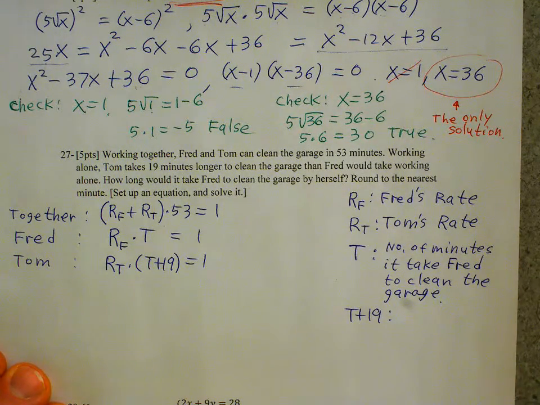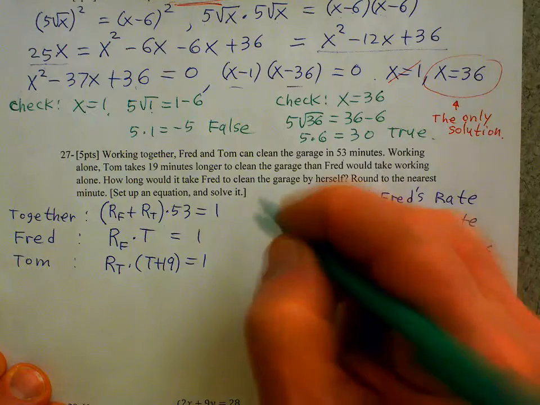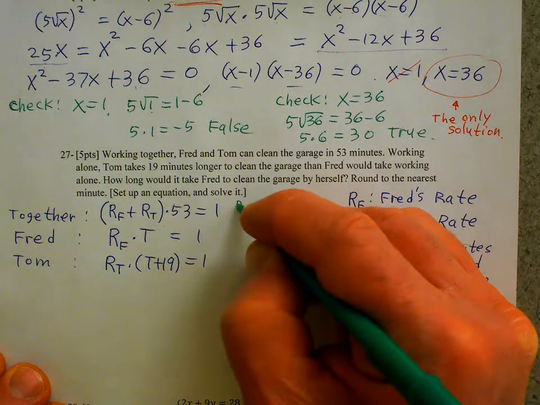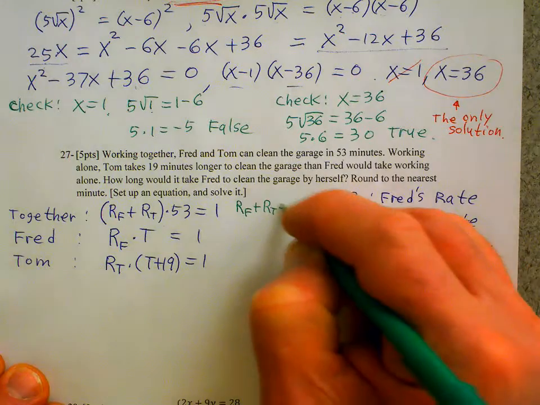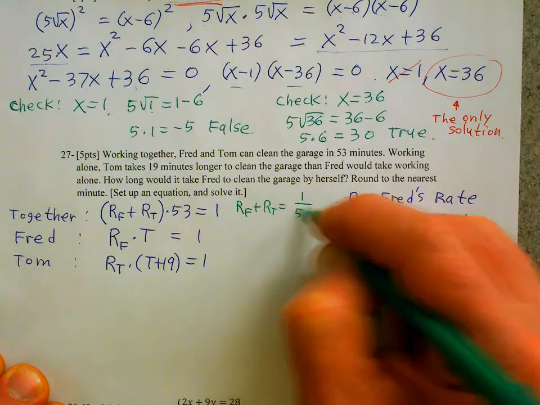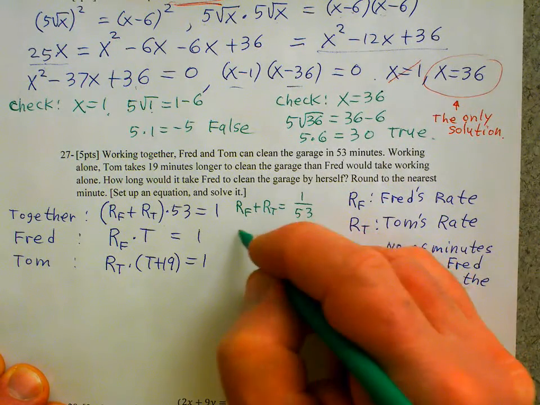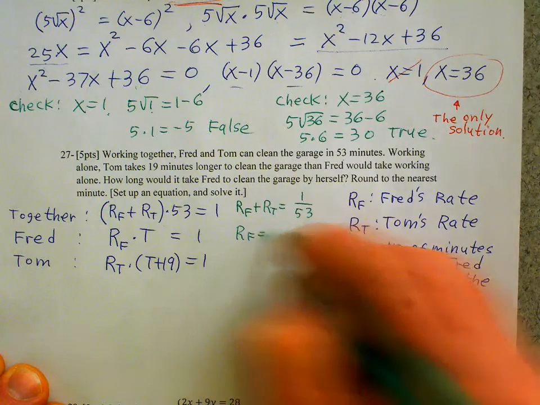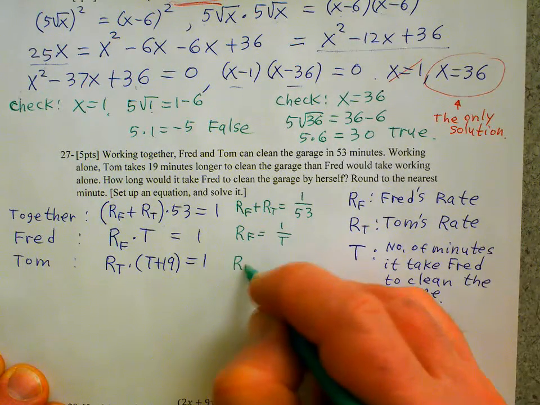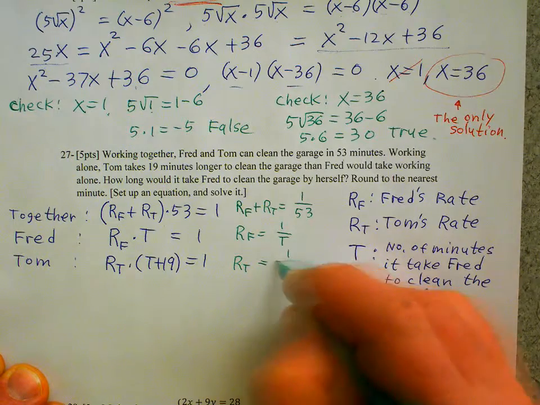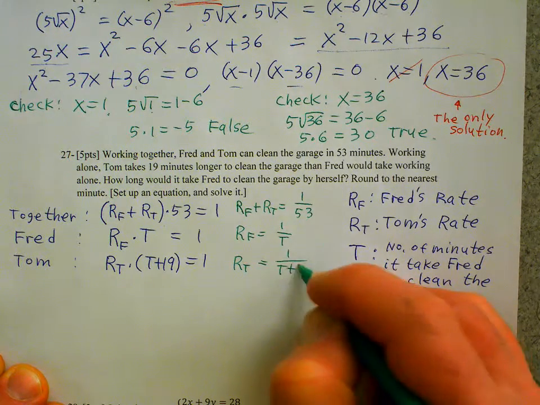If we solve each of those equations for the rates, Fred's rate plus Tom's rate is 1 over 53. Fred's rate is 1 over capital T. Tom's rate is 1 over T plus 19.